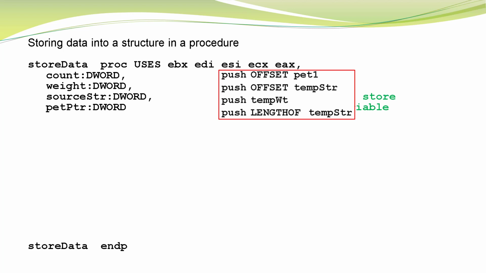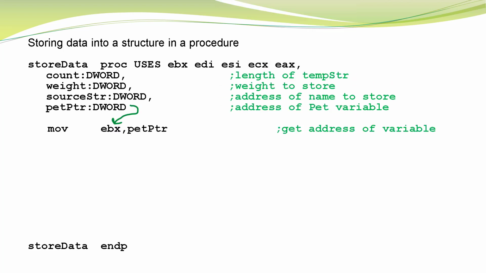So much for parameters. Now let's start actually using that data. The parameter named PET_pointer is actually an address, so I just copy it directly into the EBX register. To set up the EDI register, I have to tell the assembler that I want the name1 field of the thing that EBX is pointing to. This is not just a simple variable. Instead, it's a pointer to a structure, and that structure has 3 fields.